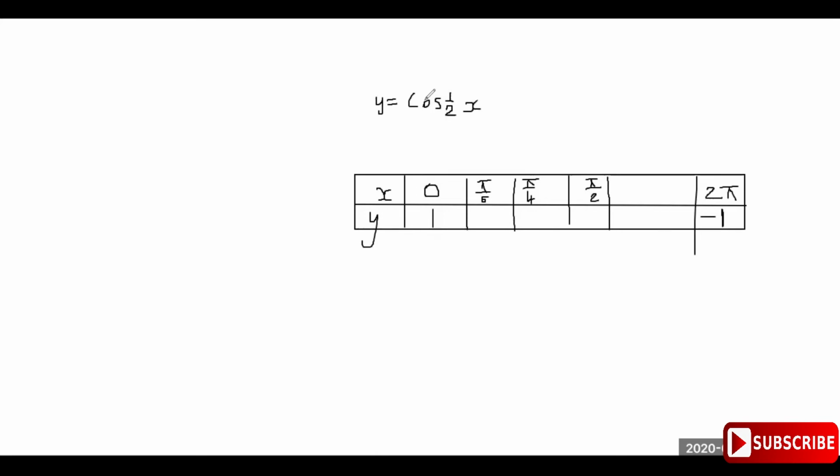So what's cosine of pi by 12? That is 0.965. What's the cosine of, if you put x as pi by 4, we have pi by 8.